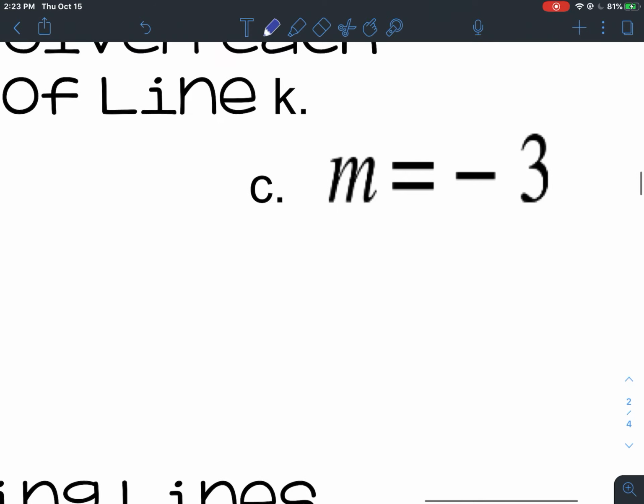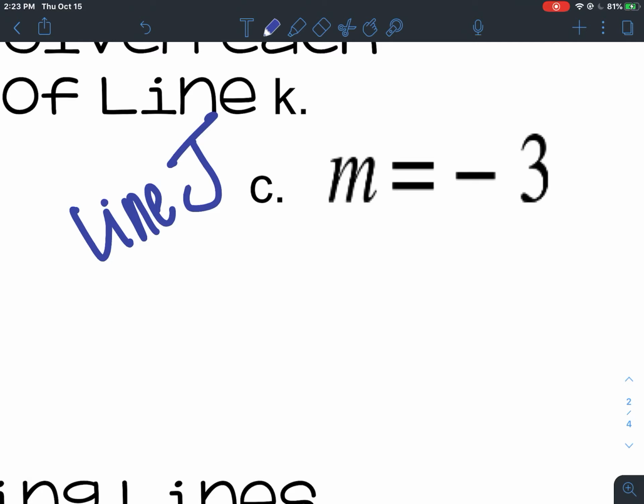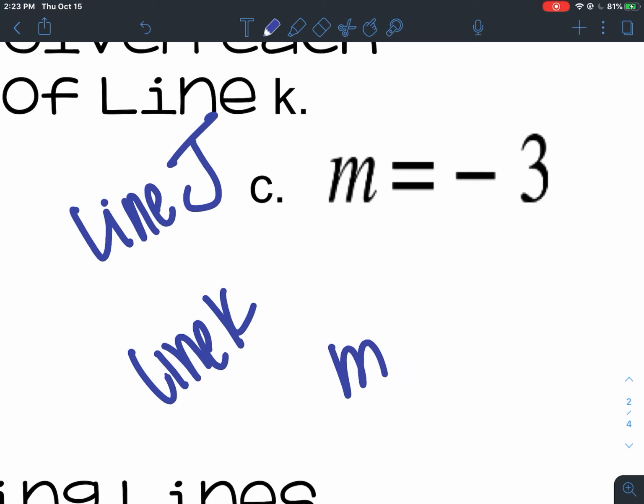And then I'll actually do the third one with you. So the line J has a slope of -3, and the line K is going to have, so it's negative, so K is going to be positive, and we're going to flip the fraction. Well, this isn't a fraction, so how am I going to flip it?